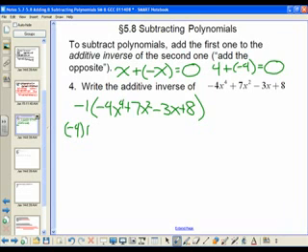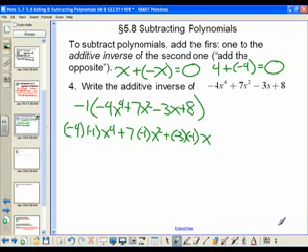Negative 4 times negative 1 x to the fourth plus 7 times negative 1 x squared plus negative 3 times negative 1 x plus 8 times negative 1. Basically, every single term gets multiplied by negative 1.